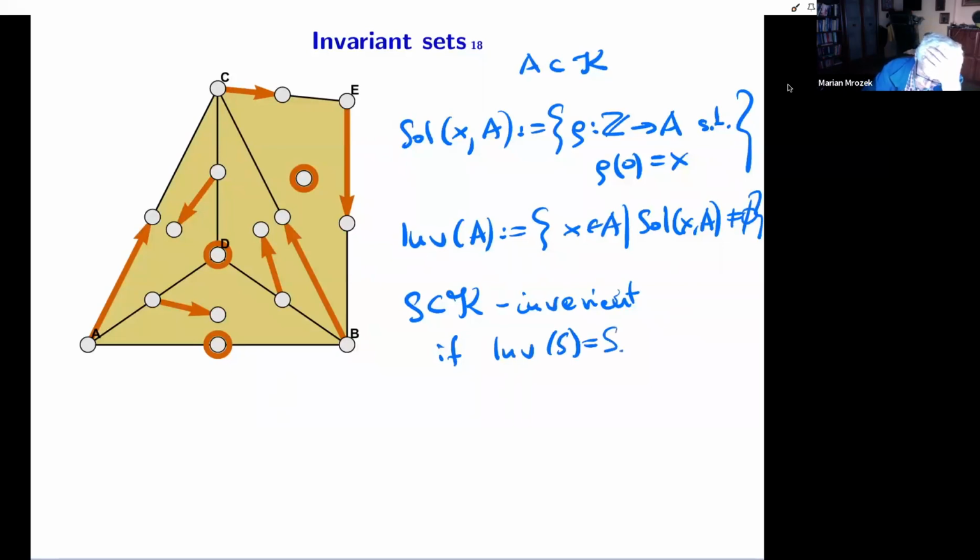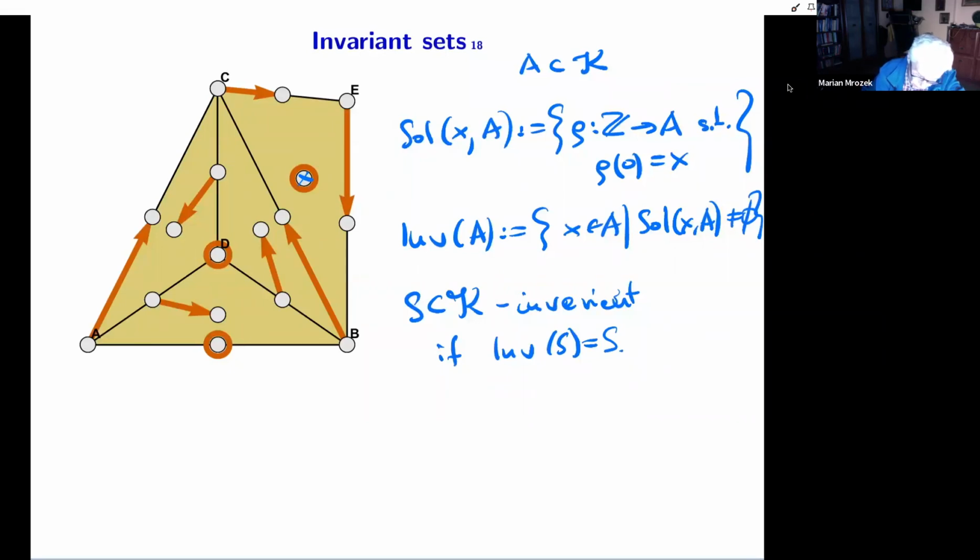So what invariant sets do we have in this example? Clearly every critical cell in itself is invariant, because you can have just a constant solution. You have this loop here, implicit, so you keep sitting here. Do we have something else? Yes, we have this periodic orbit here, maybe.